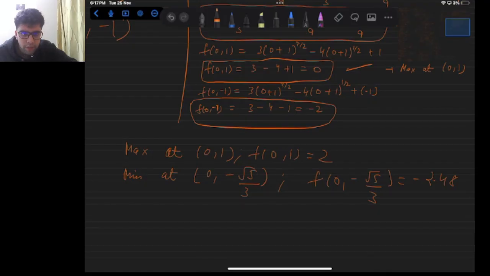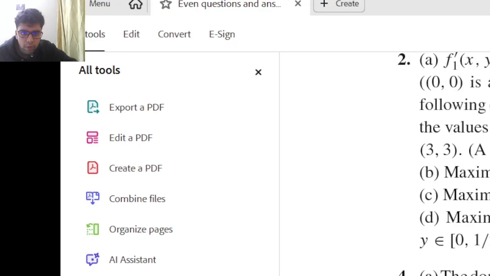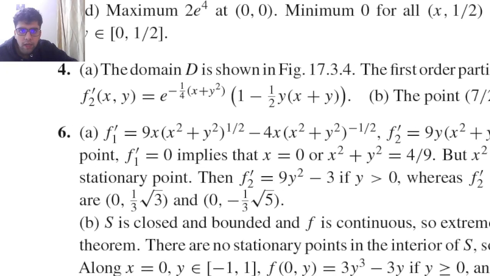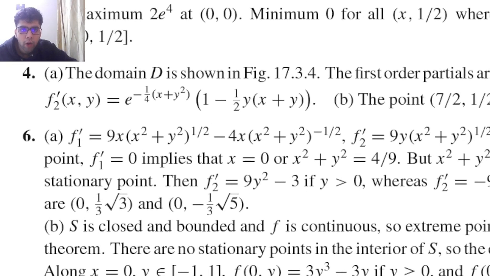Let me just quickly present my screen. Window capture. So let's just see the answer. I hope you guys can see the answer.